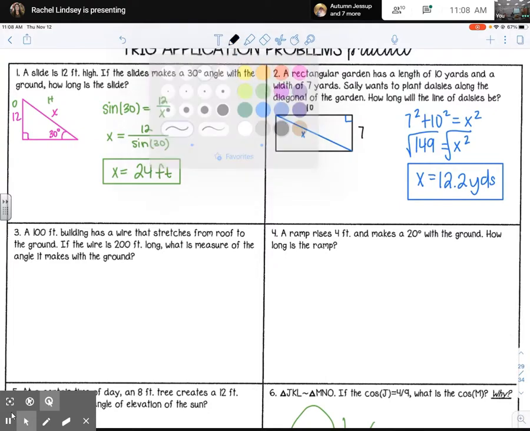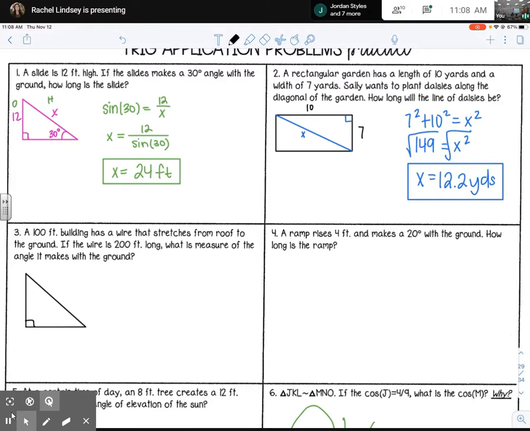Number 3. Just gonna draw me a triangle. So a 100-foot tall building has a wire that stretches from the roof to the ground. So this is my building over here.